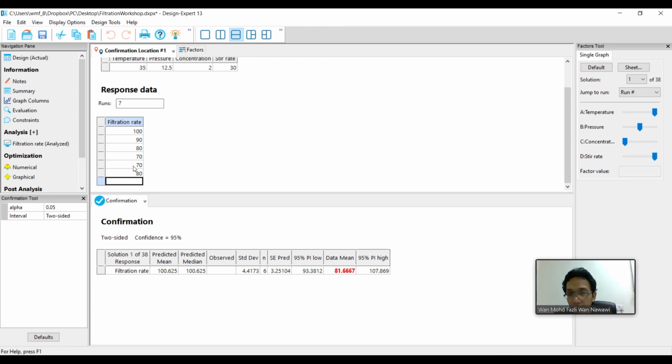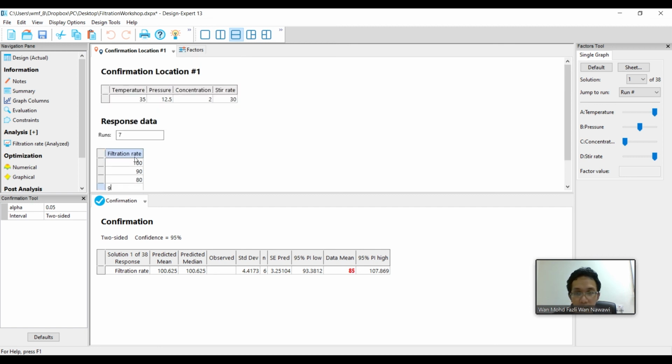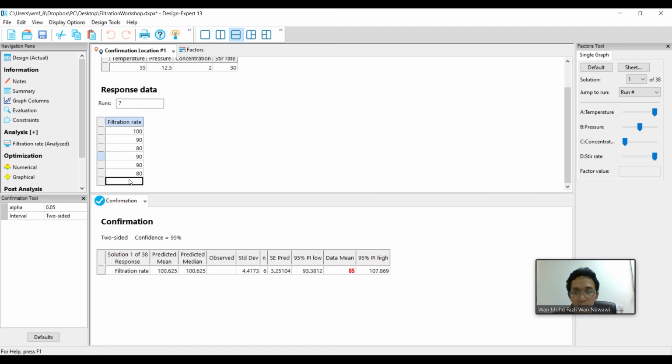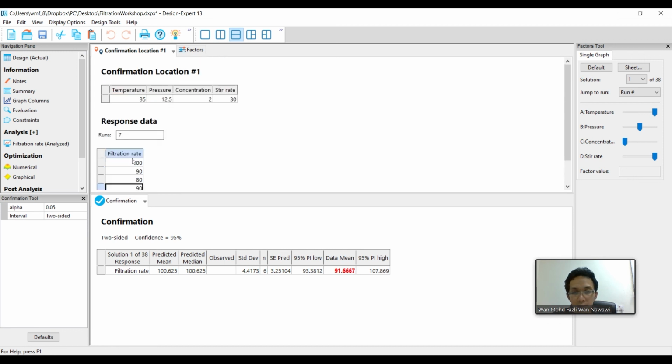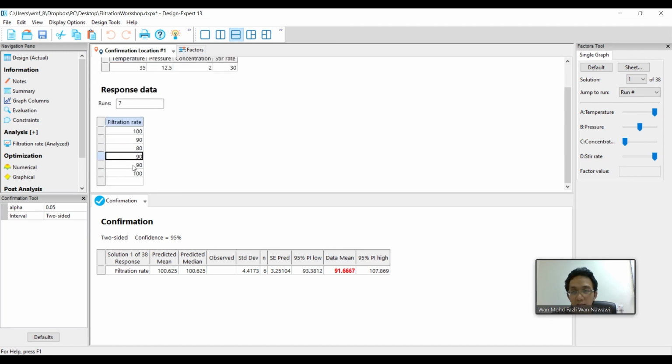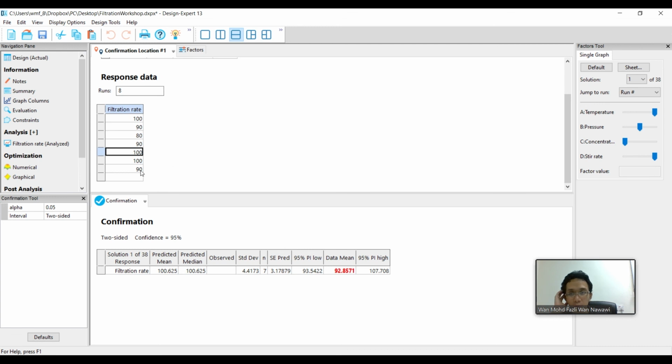So maybe if I put here 90, because it needs to reach 95. Let's say I go 100, 90, because it did not reach. Oh, because they are 7 runs, that's why they go low. So if I put here 90, then it's okay. Not okay also. Oh, because now it's 8. Wrong.